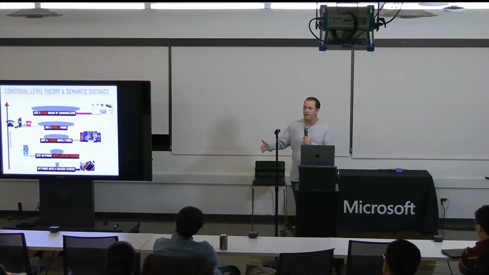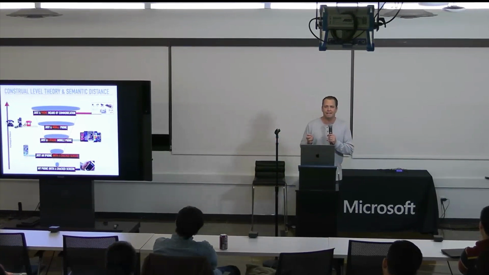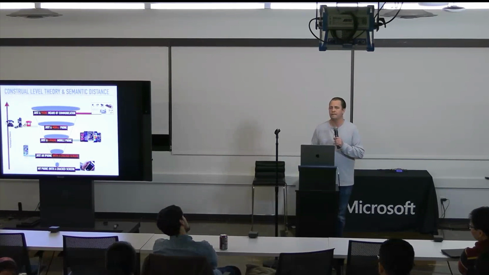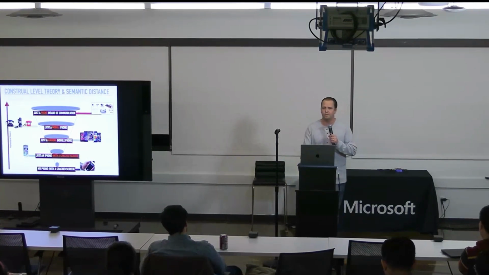Does that make sense? If we treat semantic distance as a fixed entity, we're going to run into problems because it's really contextually driven. Yes. We'll probably go back to that offline.